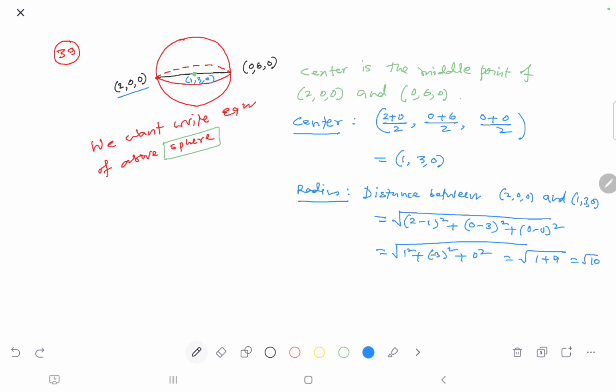Okay, so we have the center, we have the radius. Now, let's say we take a point x, y, z, any point on the sphere.